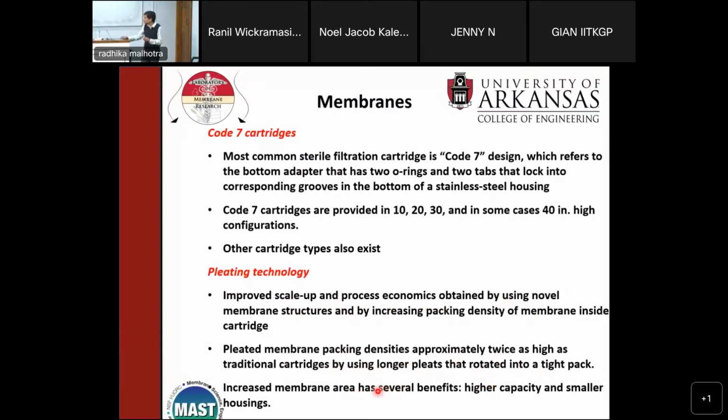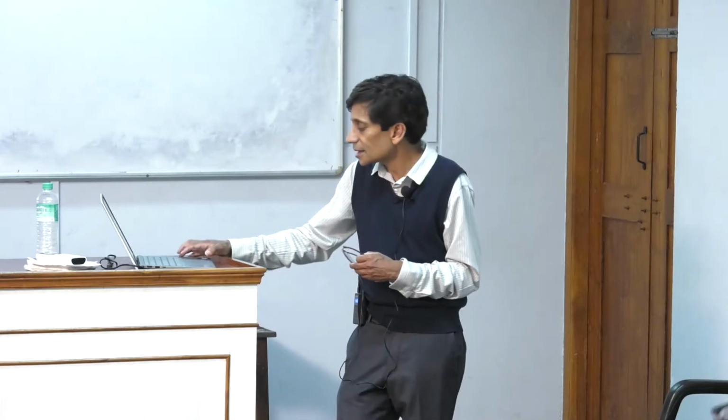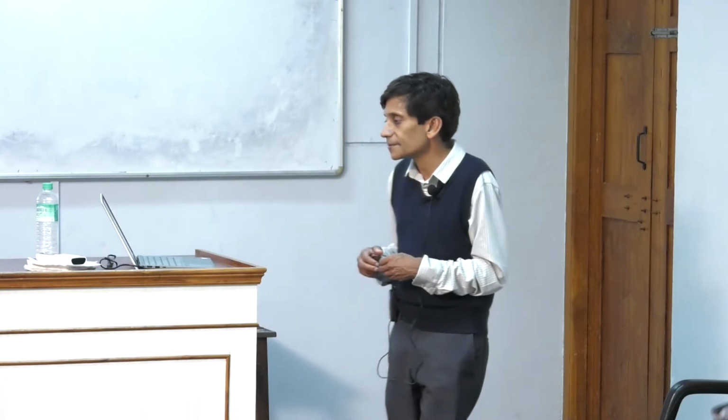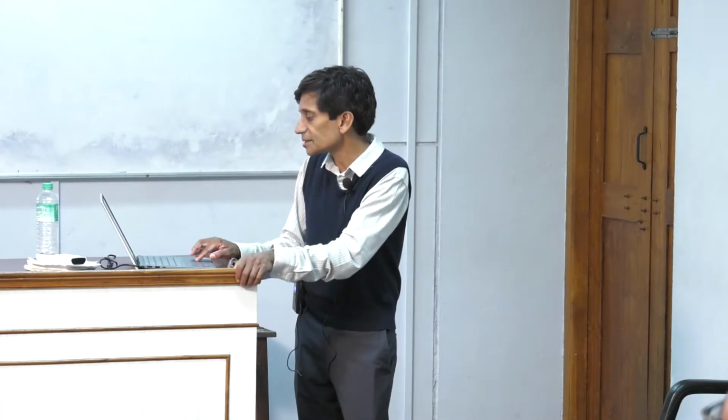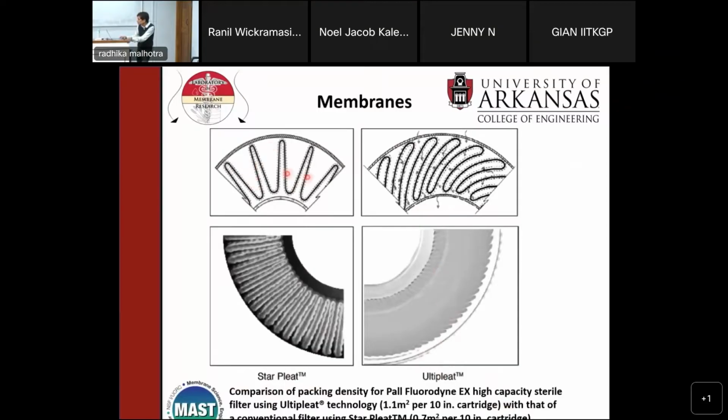Increased membrane area has the benefits of higher capacity and smaller housings, okay? I think the next one gives you a photo, yes. So you can see here a comparison of the density of these pore membranes, okay? This is a star pleat and a different sort. By doing these different structures, you're actually forcing more membrane surface area in there.